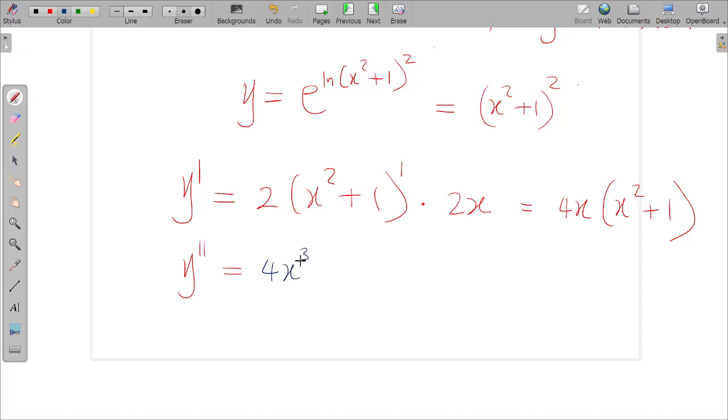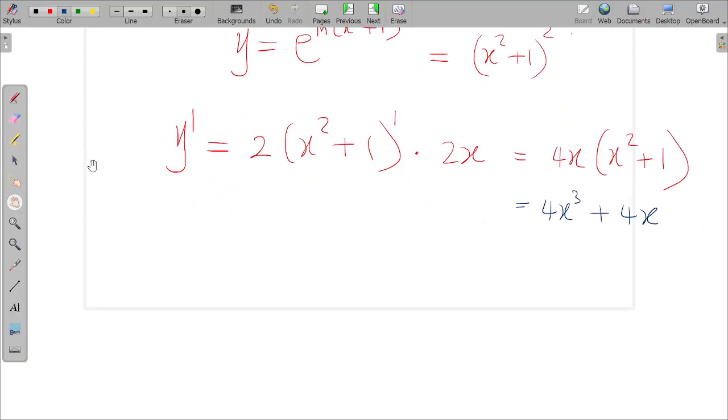So we have 4x cubed plus 4x. Okay, that is that, not the derivative. We are just writing this one like this because it can be multiplied out easily. Now let's go to the derivative.